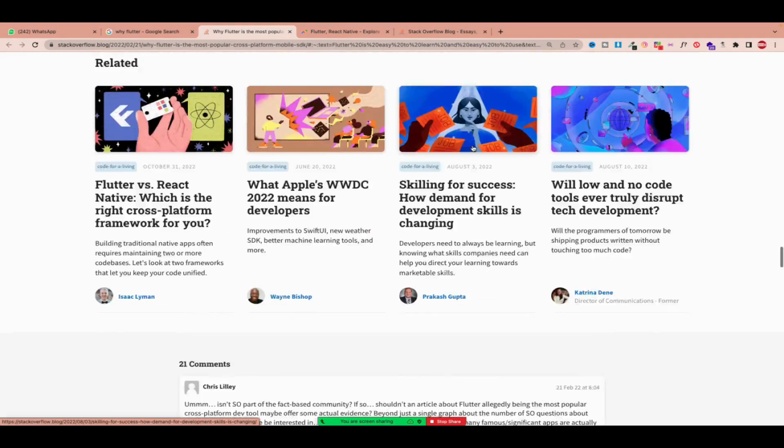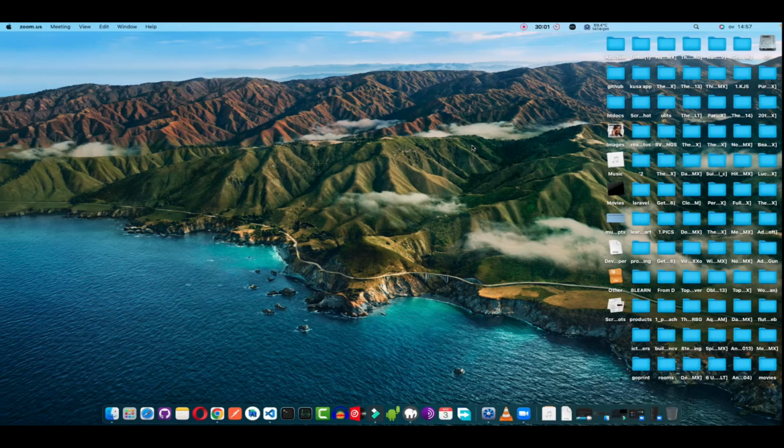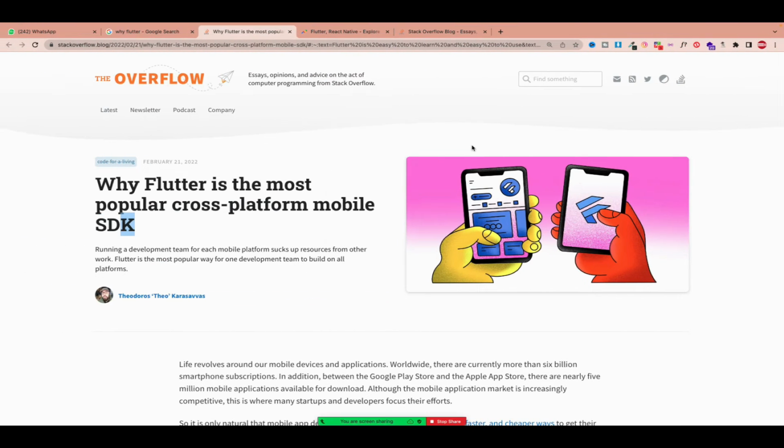So that's it. I believe we are both convinced that it will be better for the majority to start with Flutter. Though if you have your personal interest in other technologies, of course, you're free to go ahead and learn whatever you want.